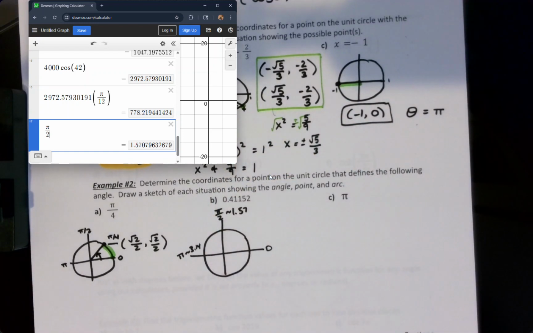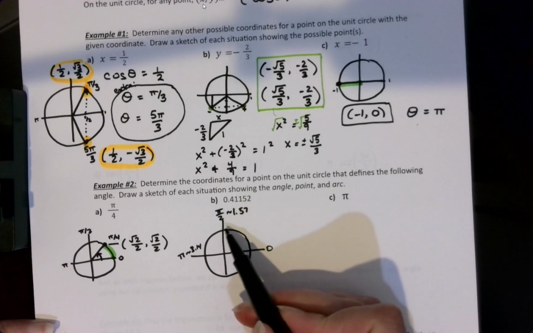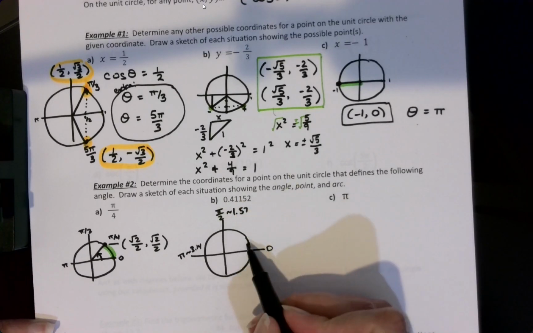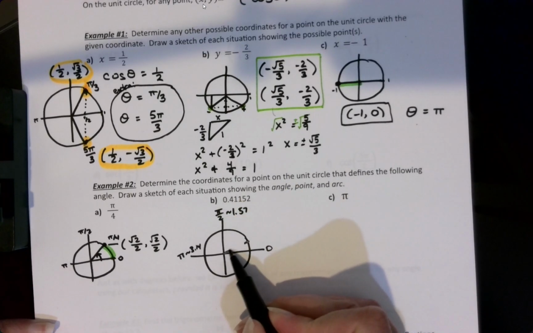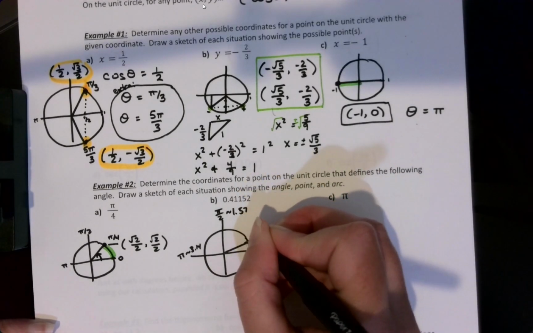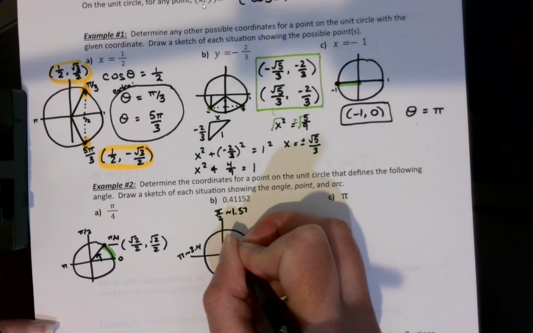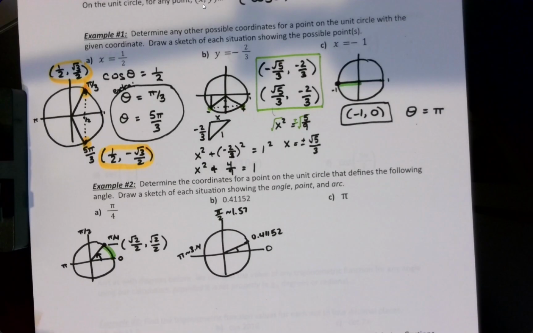The only reason for thinking about those in terms of decimals is that I need to figure out where 0.4 sits. And I can tell that it's nowhere near pi halves, so it's actually going to be quite small down here at an angle of 0.41152. So that's how big the angle is.